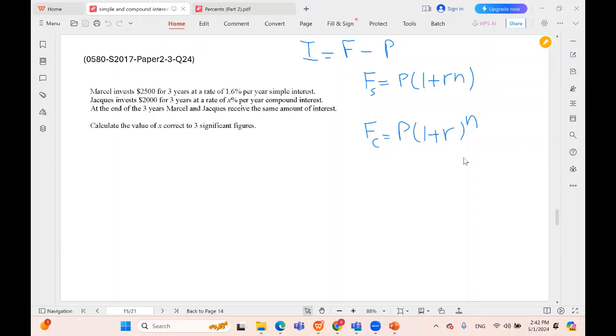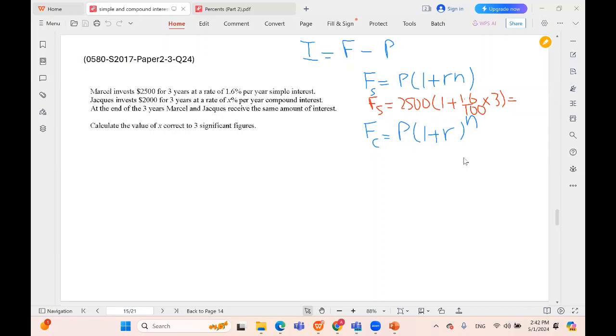So for the simple interest, we know that F equals present, which is 2,500, multiplied by (1 plus the rate, which is 1.6 over 100, times the number of years, which is 3). And we can calculate this on the calculator.